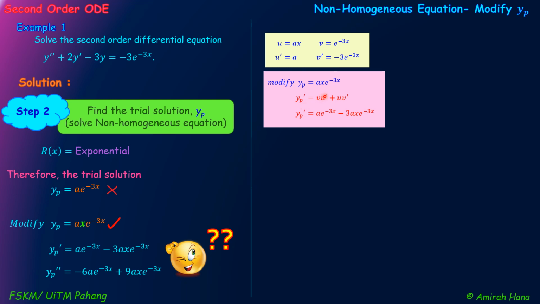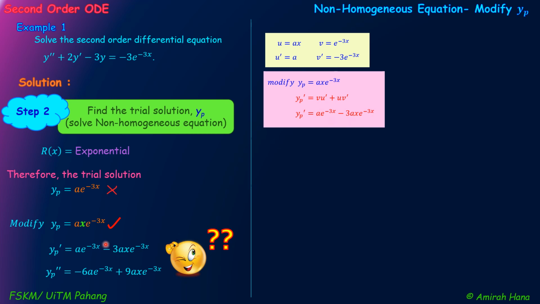After that, we substitute into the product rule formula, vu prime plus uv prime. Okay. We multiply v and u prime, so we got ae to the power of negative 3x, and then plus multiply u and v prime, so we got negative 3axe to the power of negative 3x, right?